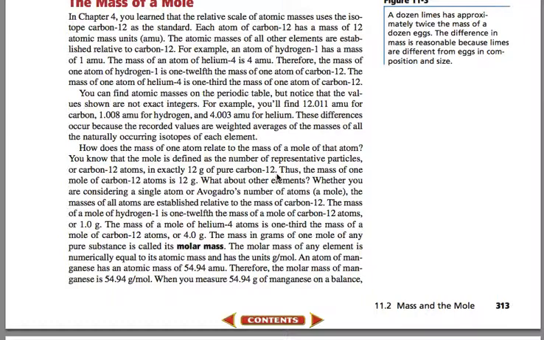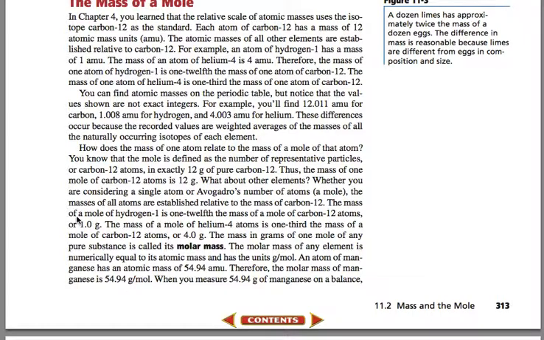Thus, the mass of 1 mole of carbon-12 atoms is 12 grams. What about other elements? Whether you are considering a single atom or Avogadro's number of atoms, a mole, the masses of all atoms are established relative to the mass of carbon-12. So we put them in relationship to carbon-12.